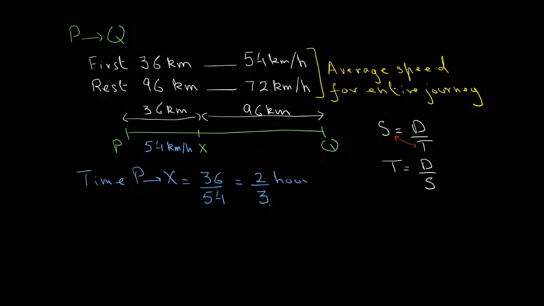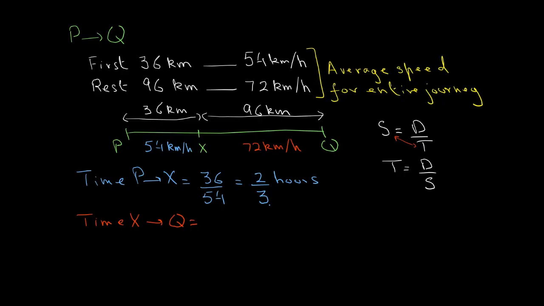Great. Now I want to find the time taken going from X to Q, and I know the speed was 72 kilometers per hour. So I can look at the time from X to Q. Again, I'll use the same formula: time is equal to distance over speed. The distance is 96 and the speed is 72.